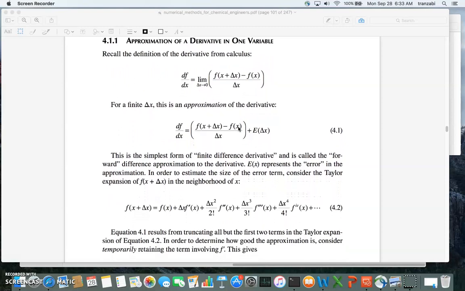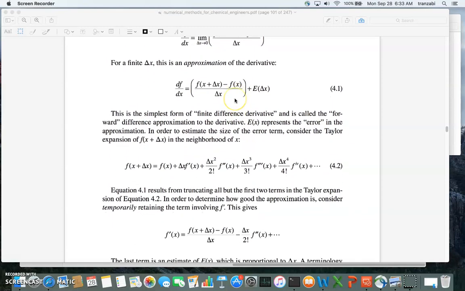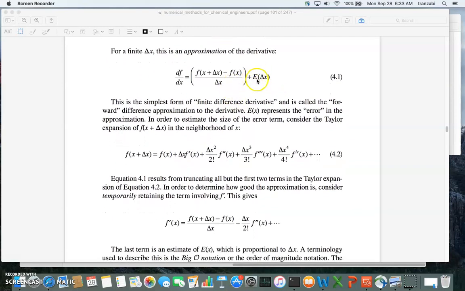Every approximation comes with an error. So in this case, we want to look at how much the error is, which we call e delta x. And to understand e delta x, we expand f of x plus delta x using Taylor series.